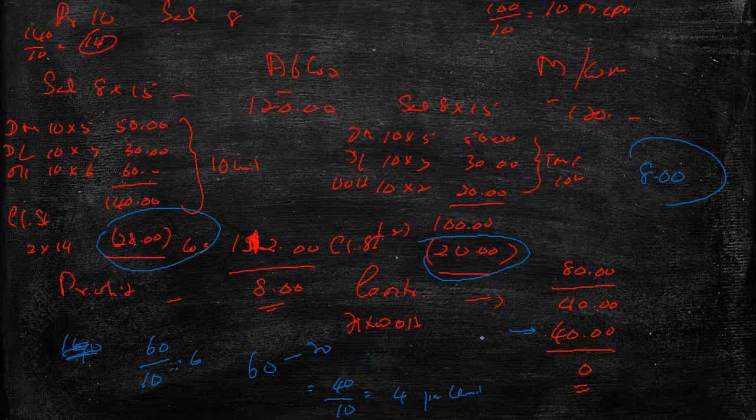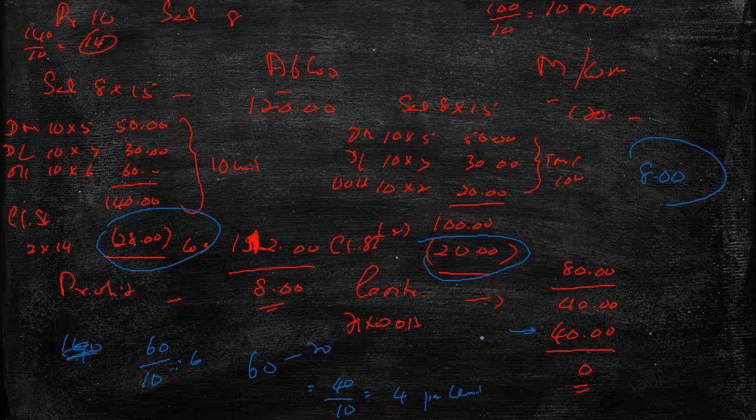So fixed overheads are not taken into the stock for the next year. That's the difference. Now we have 2 units left over, so 4 into 2 is the difference between the marginal cost profit and the absorption cost profit.